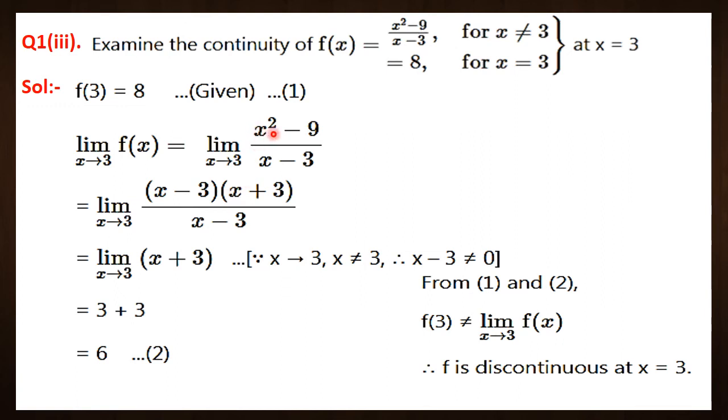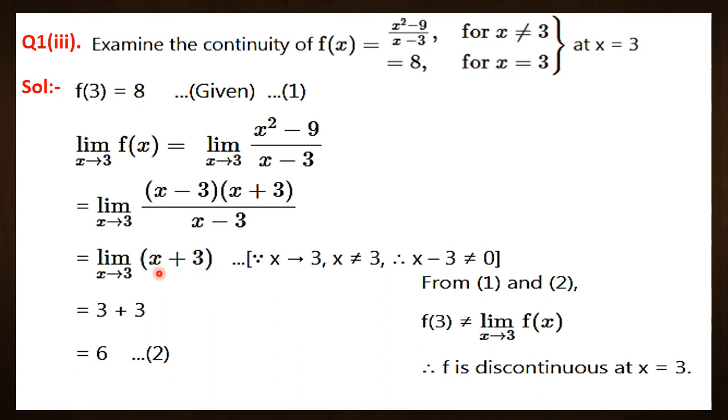The numerator can be factorized as (x minus 3) into (x plus 3) because it is of the form a square minus b square, where 9 is 3 square. And we can cancel this non-zero factor. Why is it non-zero? Because x not equal to 3, so x minus 3 not equal to 0. So we can cancel these non-zero factors, and the limit x tends to 3, x plus 3 remains.